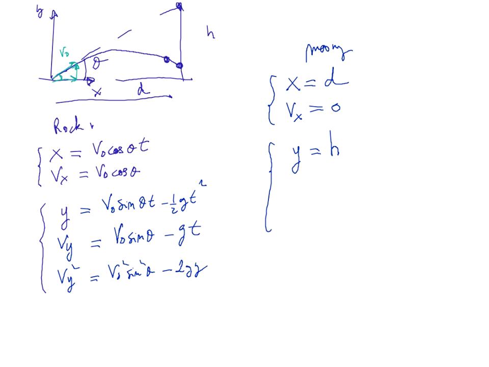Okay. The mongoose drops from his tree. Therefore, what is his initial velocity in the y direction? The problem tells us that the mongoose lets go. You're referring to acceleration, Crystal. I'm asking about the velocity. The keyword "lets go" suggests what about the velocity?